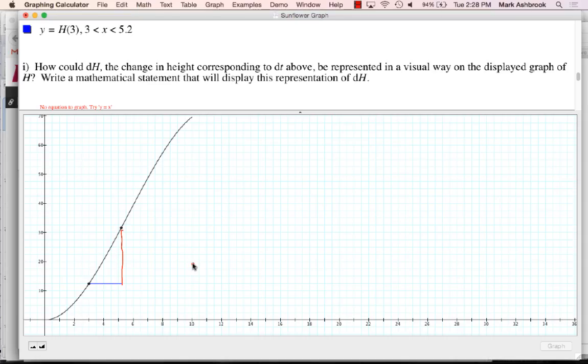Anyone got it? Who's got it? I do. Lots of people. Good. Okay. What's true about all those points?